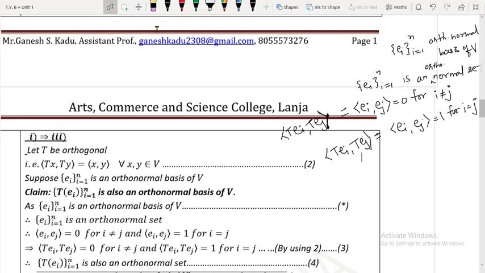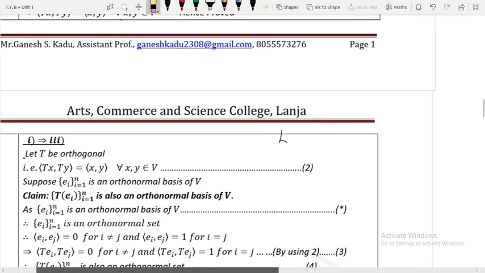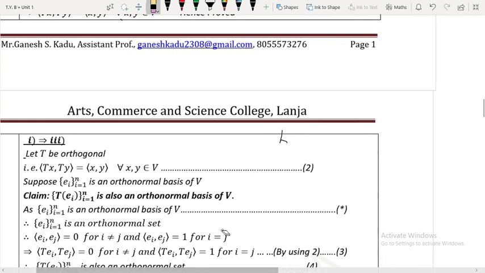Now as we have shown that it is an orthonormal set, it remains to show that it is a basis of V.